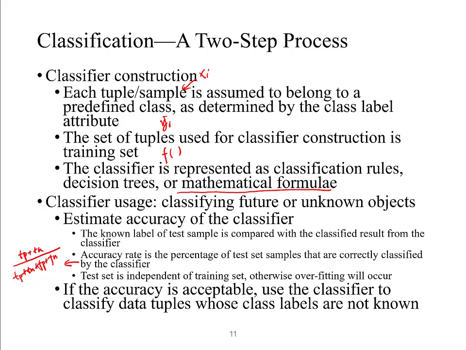And the test set is independent of the training set, otherwise overfitting will occur. Overfitting is another important concept in machine learning, and anyway, due to the time limitation, we can't explain this in detail. So basically, overfitting is that the generalization of your classifier is not good.